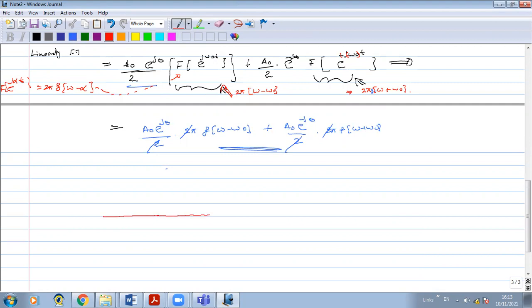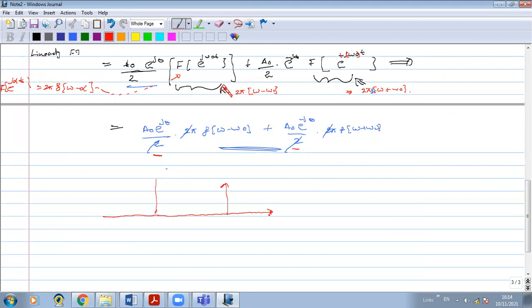Magnitude means the spectrum component value, a positive value. You can see that both are positive, there is no minus one, so we have positive values like this.